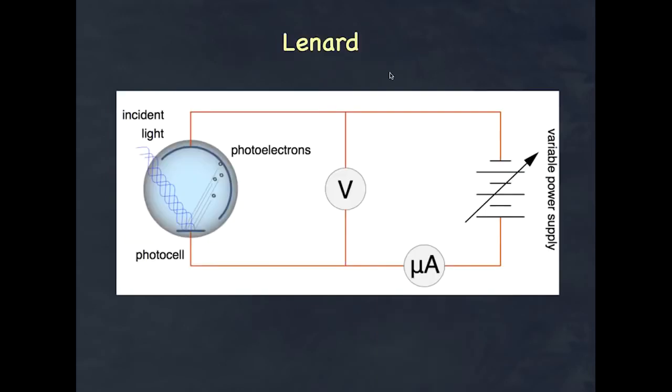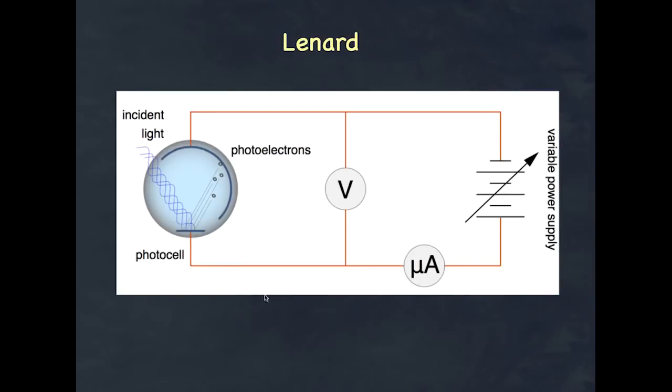A short time later, a man named Lenard did another experiment. In this experiment, he set up this photocell over here and fired light on it. The light liberated charged particles, or electrons. He was able to set up measuring the voltage, and he could apply a voltage to it and also measure the current.